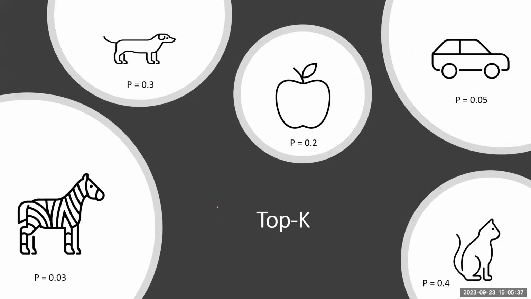Based on the previous prompt, we got these outputs: cat, which has the highest probability of 0.4, dog with a probability of 0.3, apple with a probability of 0.2, car with a probability of 0.05, and zebra with a probability of 0.03.